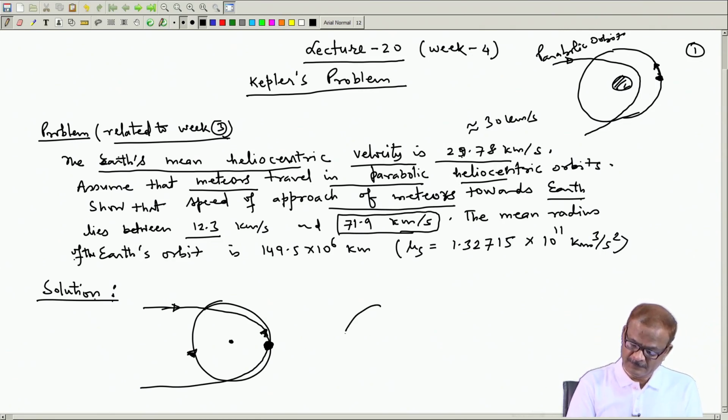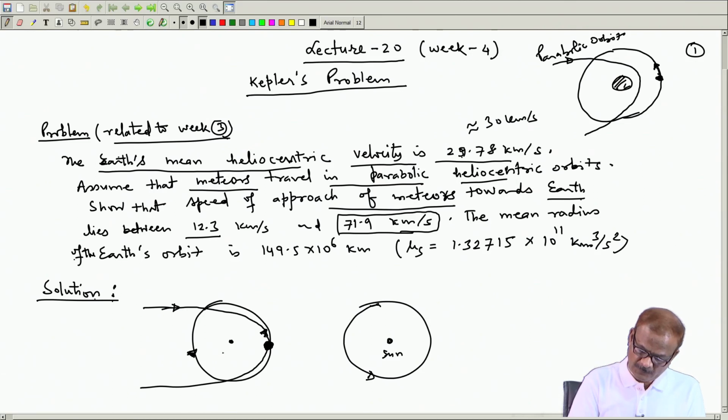On the other hand, if the Earth is going around like this, this is the sun and this is your Earth, and the meteor is coming from this side.